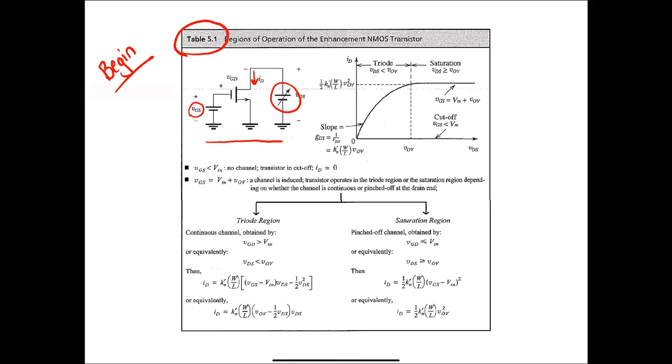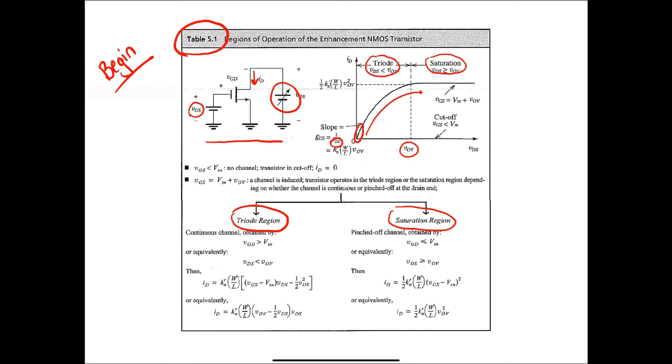You have your VI characteristic right here, showing clearly the saturation and the triode regions, as well as the boundary between those two where VDS is equal to VOV. We also see the linear region down here, for which a constant RDS value is defined.